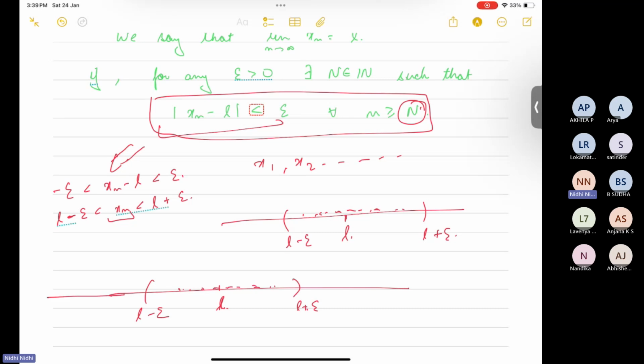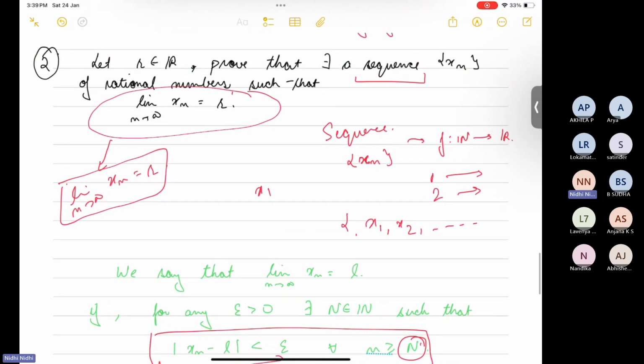There can be a finite number of shots outside as well, but after a stage the shooting should be perfect enough that all the bullets are going near L. So if this happens, then we say that the sequence xn, that was the sequence of the bullet shots, is converging to L.